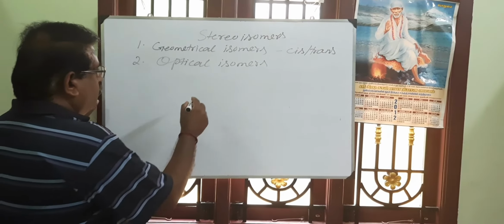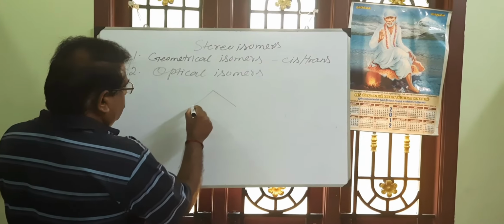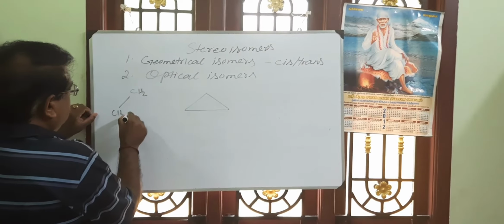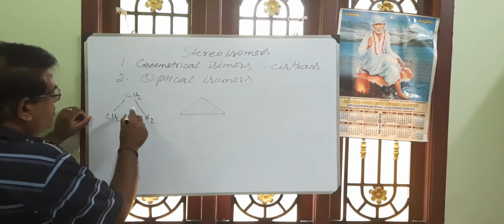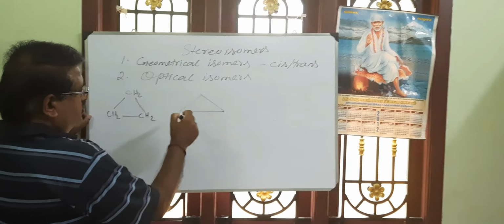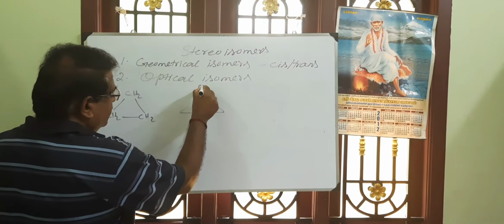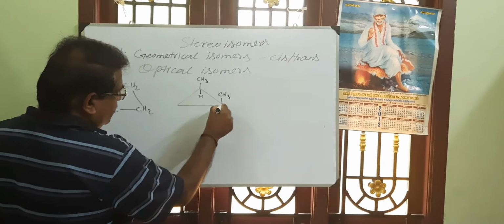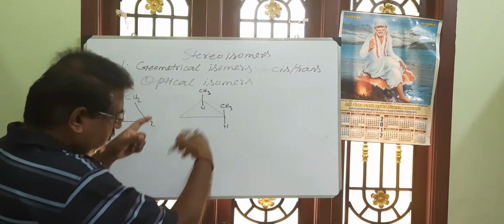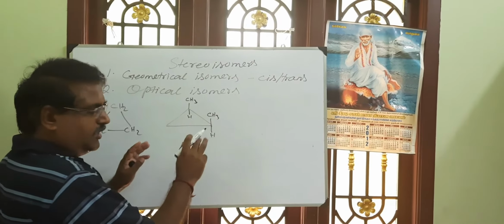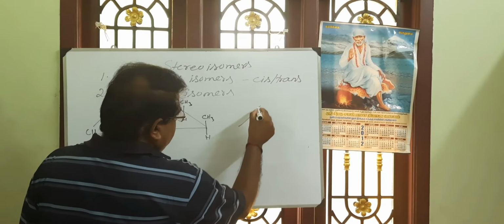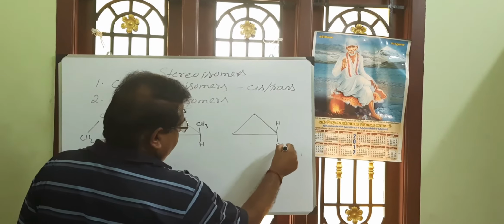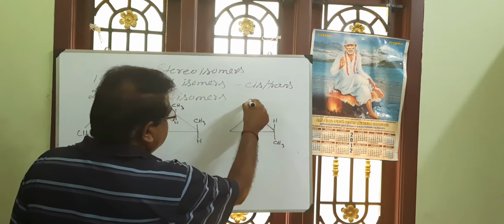Now I draw 1,2-dimethylcyclopropane. This is propane, what is this? CH2, CH2, CH2, 3 carbons, so propane, cyclopropane. Now I substitute one CH3 over here, another CH3 over here, so here is H, here is H. Now I draw another molecule, 1,2-dimethylcyclopropane. Here H, CH3, here H, CH3.